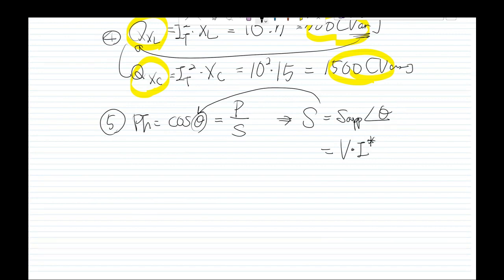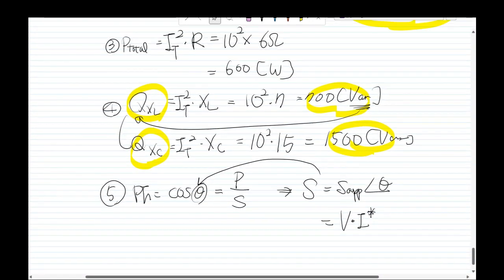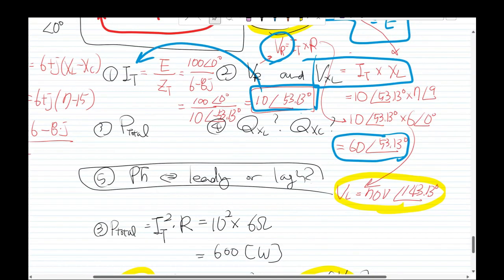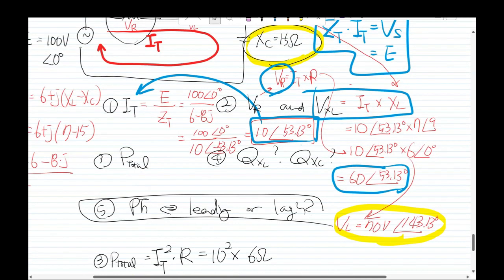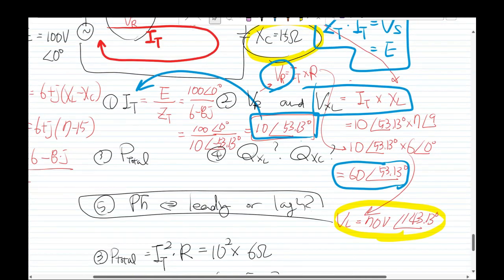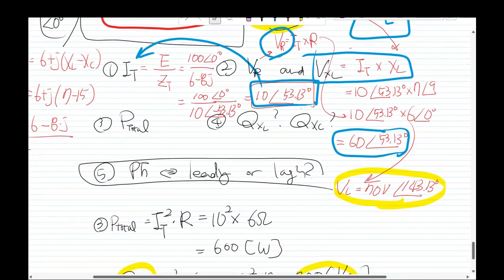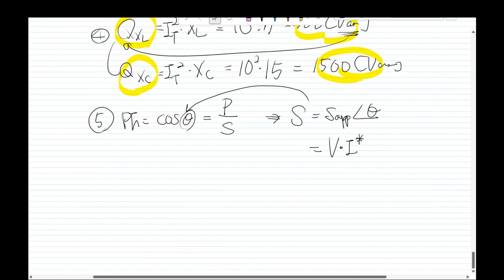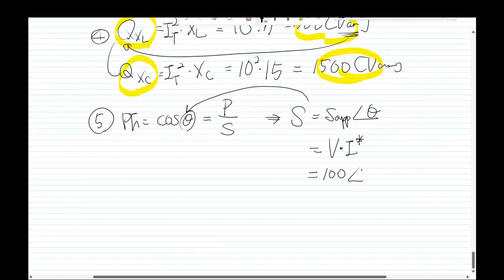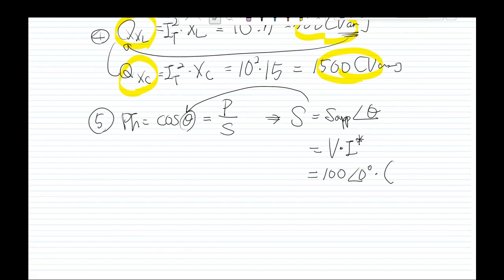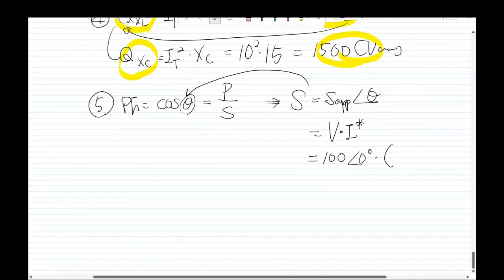VI conjugate. So the V is the voltage source, go back to the circuit like this one. 100 V at 0, and then the current is 10 at 53.13. So V is 100, 0, and the I is 10, 53.13, the conjugate.